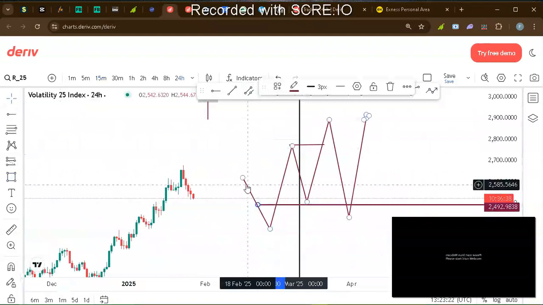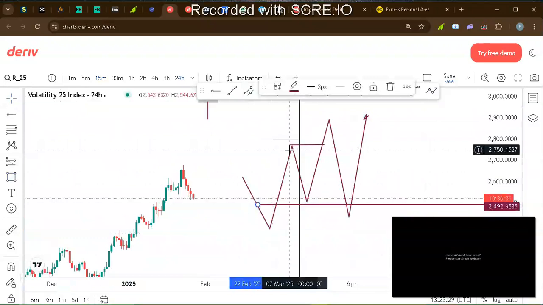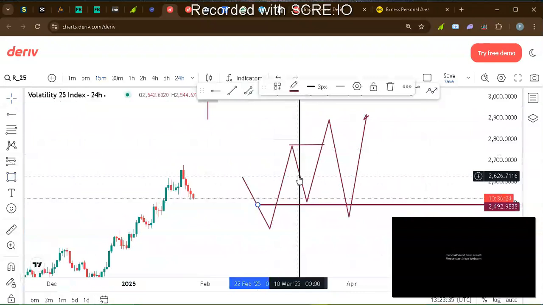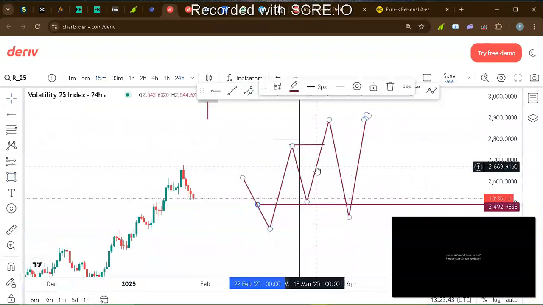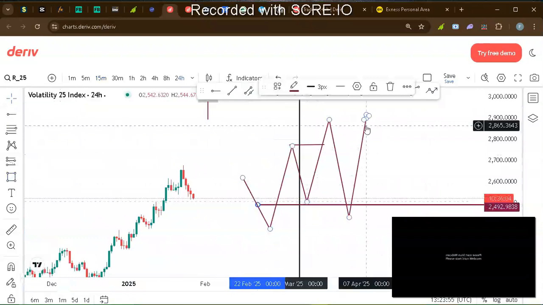After pulling all the way up to this level, it came back to this level. After coming back to that level, when the market opens again, what you are going to see is it pulling down and then giving you a break of market structure. After giving you a break of market structure, the market is going to pull back to take out that first low that it created. It's going to take it out and then pull back. You understand? This is very simple. You can understand it using your candlestick.